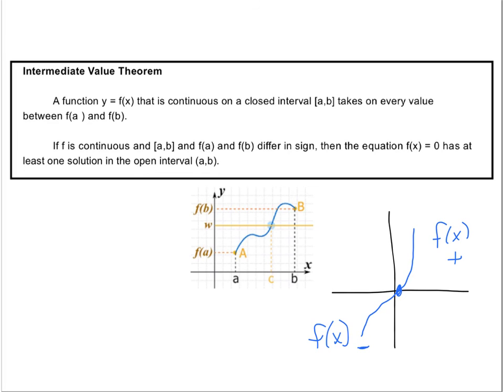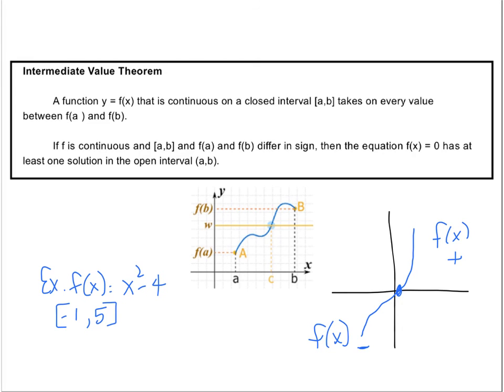So a lot of times what you have to do, if you have an example, say for instance, f of x is x squared minus 4, and you want to see if there is a 0 on the interval from -1 to 5. All right?